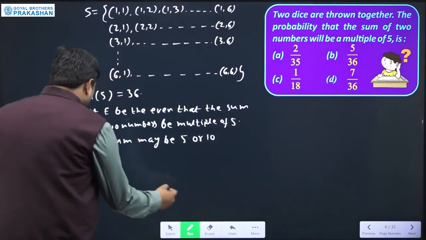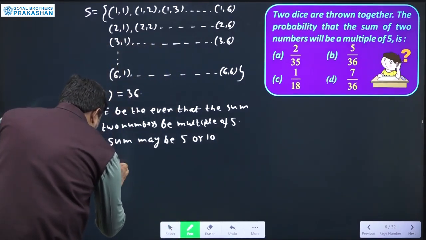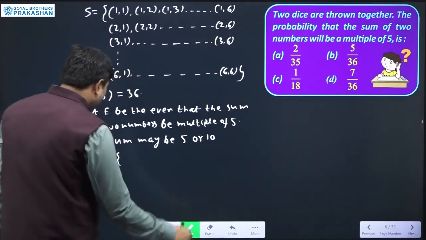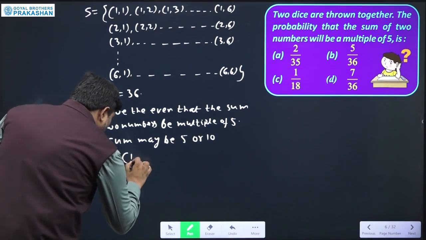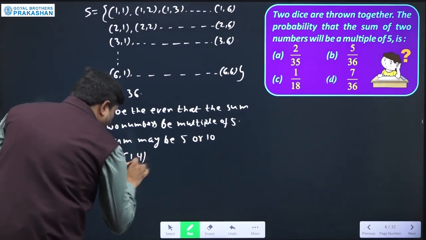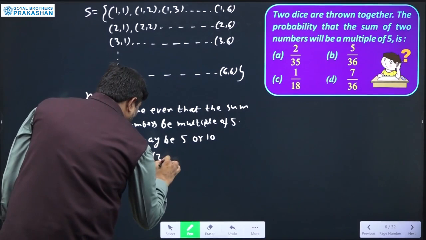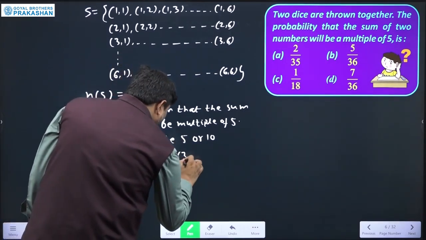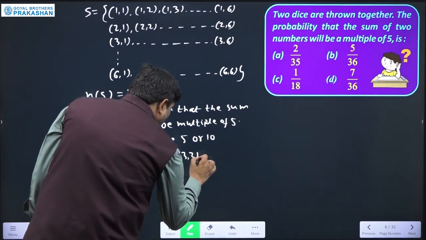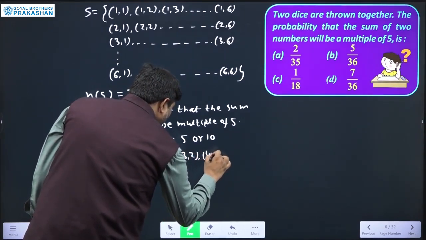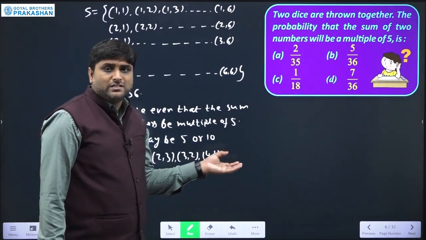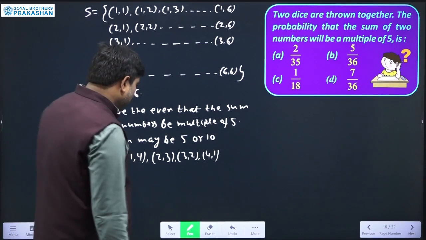So if we write our favorable event E, so if first we maintain the sum 5, then it is possible like if 1 on first dice, then 4 on second, then 2 comma 3, 2 on first and 3 on second, then 3 comma 2, then 4 comma 1. With 5 it is not possible because 0 is not there for second dice.